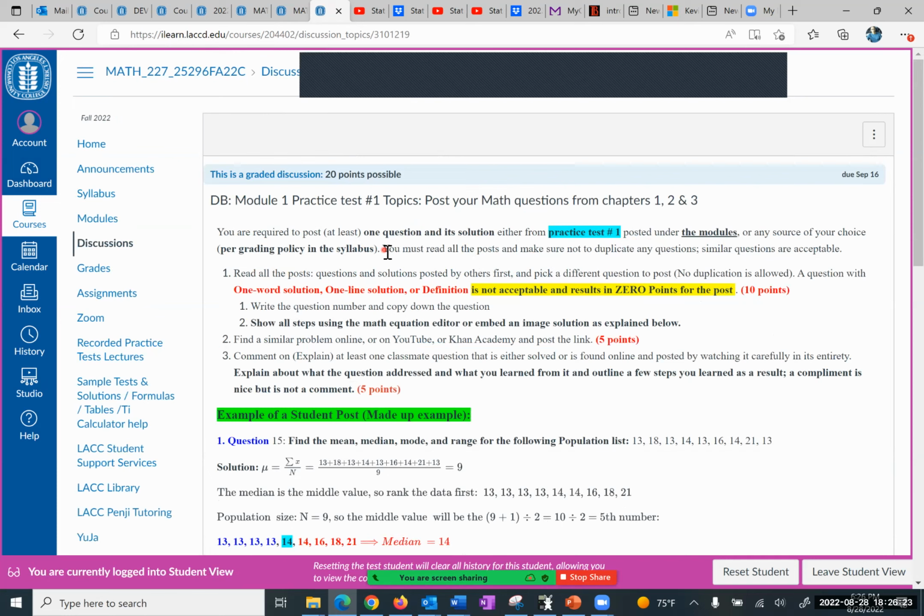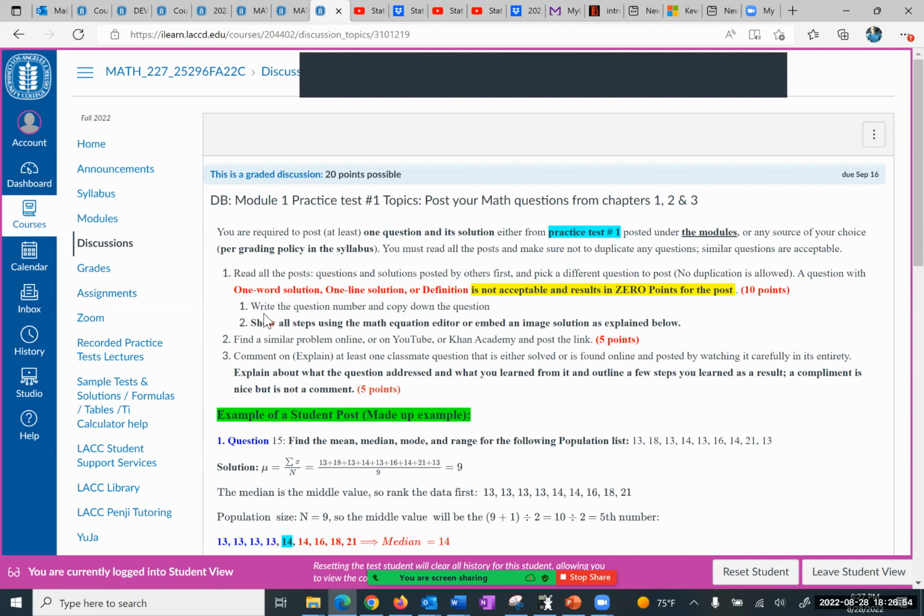You can even use the practice test, but it is important to take the following steps. Read all the posts, questions, and solutions posted by others first, and pick a different question to post. No duplication is allowed. A question with a 1-word solution, 1-line solution, or definition is not acceptable and results in 0 points. This gives you 10 points if it's done properly.